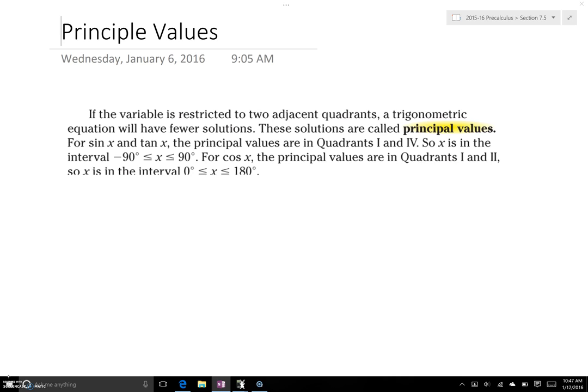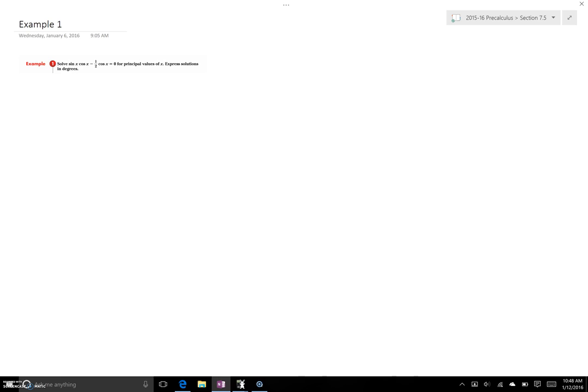One thing that we can do is restrict the possible solutions to be within a range of values, so that we're only considering a finite number of those solutions. The idea of principal values is restricting the values of sine, cosine, or tangent between two quadrants. We'll get a couple of examples of those when we go to example 1 and 2.